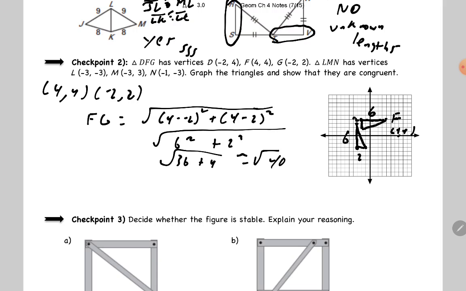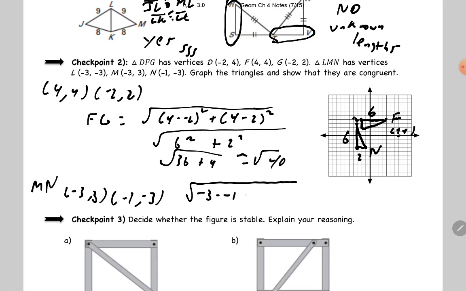Okay, now let's look at the other one, which is MN, and that's points negative 3, comma 3, and negative 1, comma negative 3. Just going to do left minus right again.